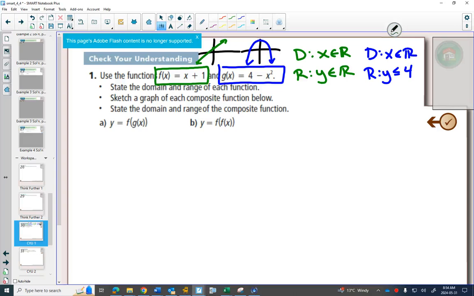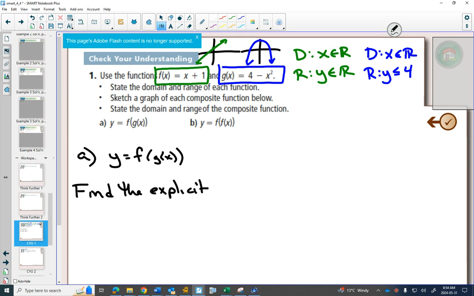Now to sketch this graph, we're going to find the explicit equation first. So what does that mean?